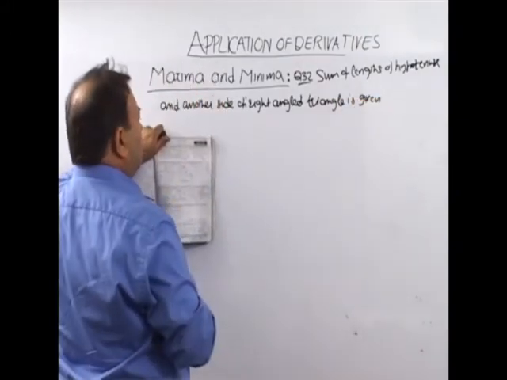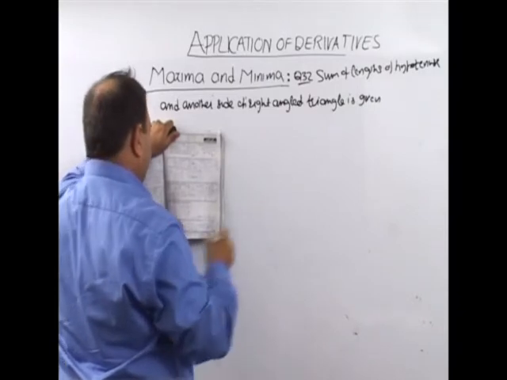Sum of length of hypotenuse and another side of right angle triangle is given.